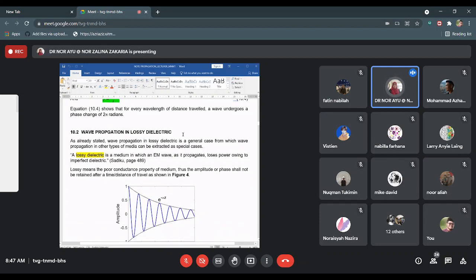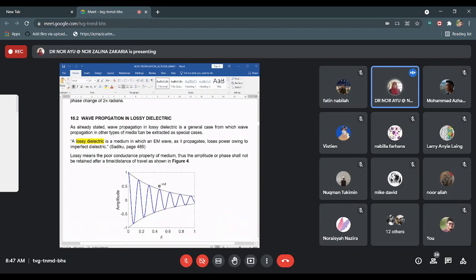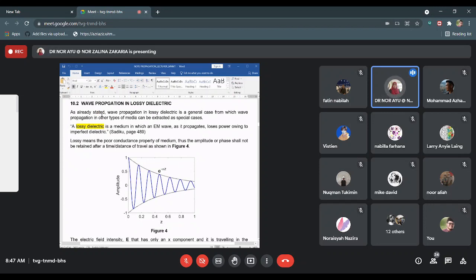Alright, so we had four earlier. So this is the first one. Okay, so as already stated, wave propagation in lossy dielectric is a general case from which wave propagation in other types of media can be extracted as special cases. Okay, in a lossy dielectric, as the wave propagates, it loses power owing to the imperfect dielectric.